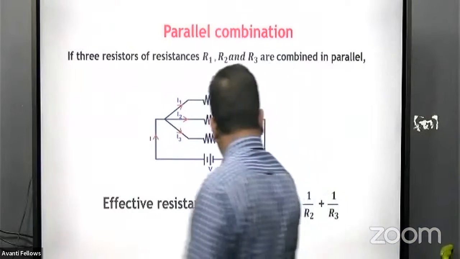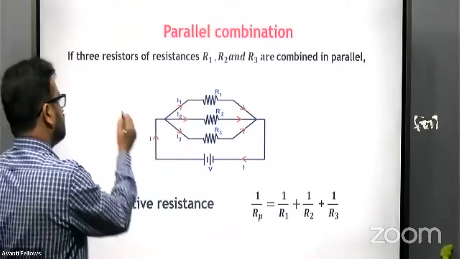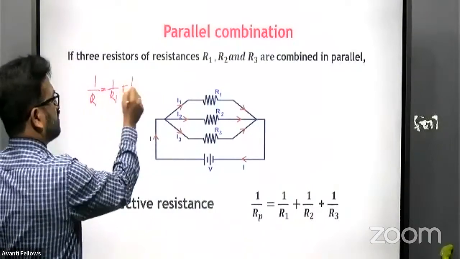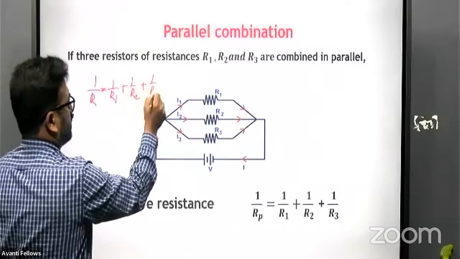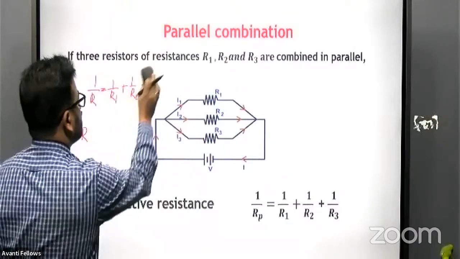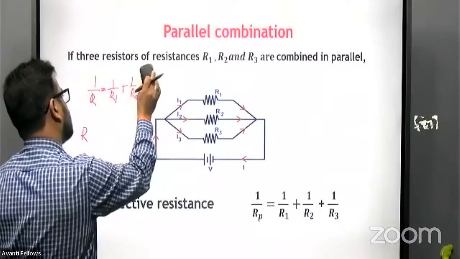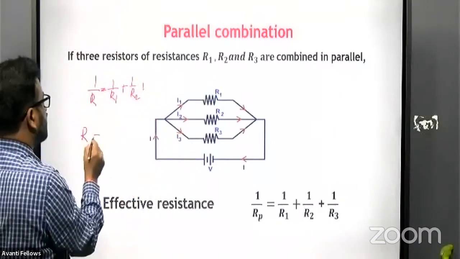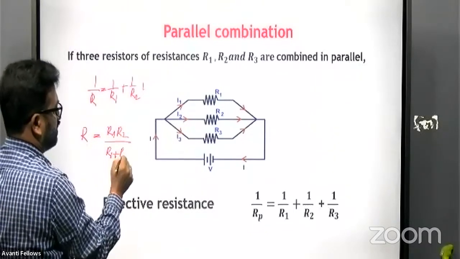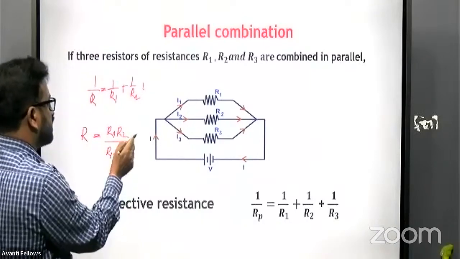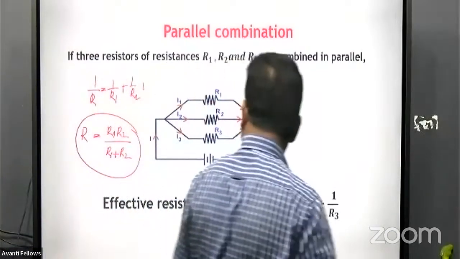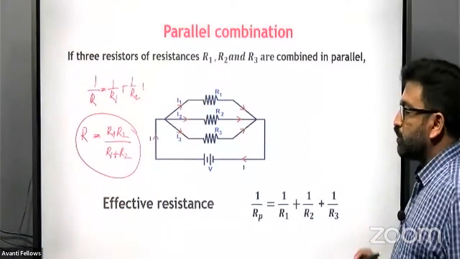But if 2 resistors are there, instead of this one, we can write R1 R2 by R1 plus R2. Okay, so better remember this equation. If 2 resistors are connected in parallel, then the effective resistance will be equal to R1 R2 by R1 plus R2.